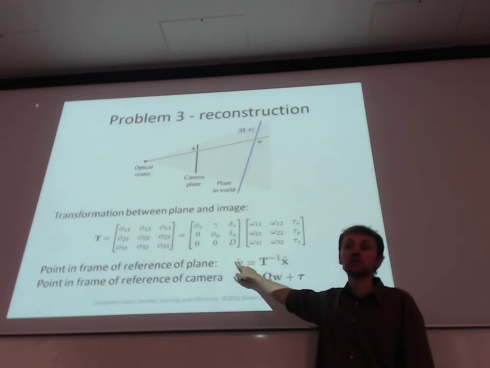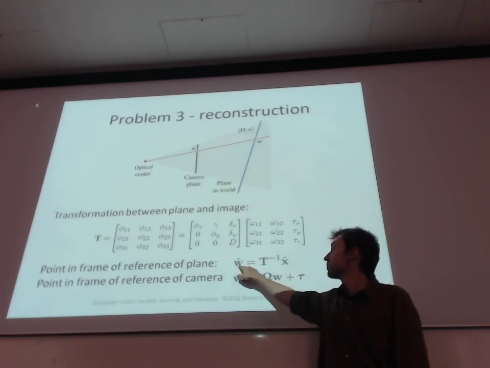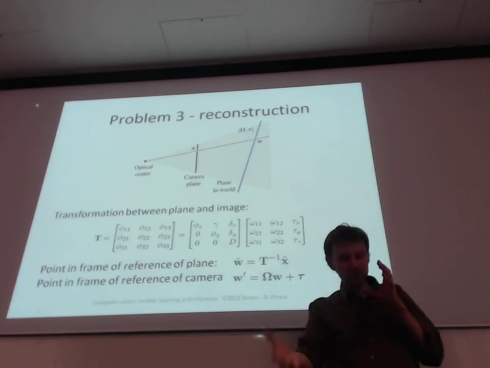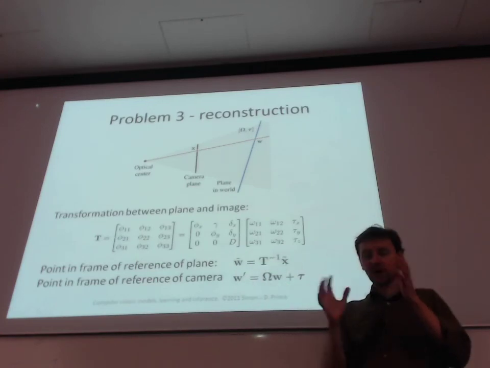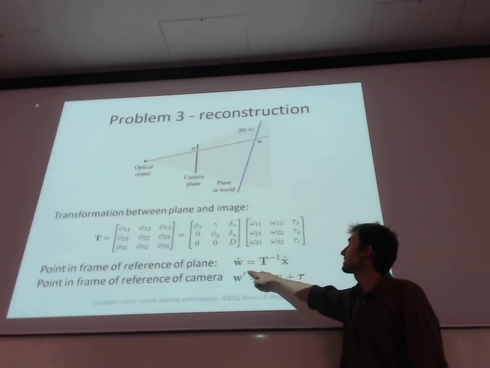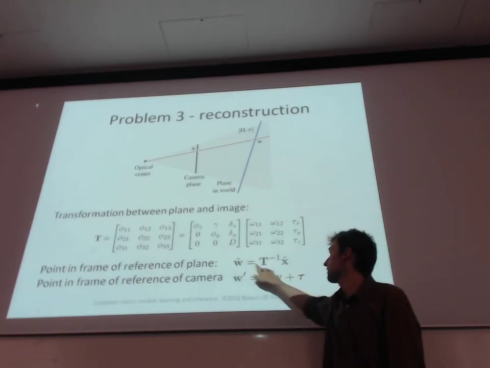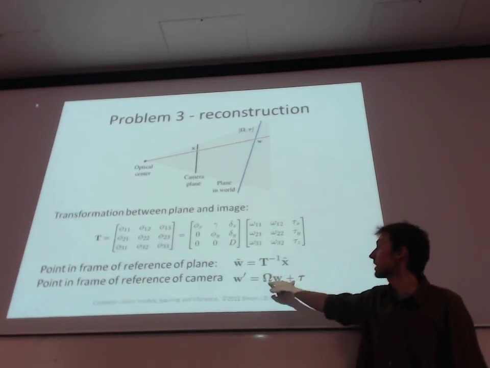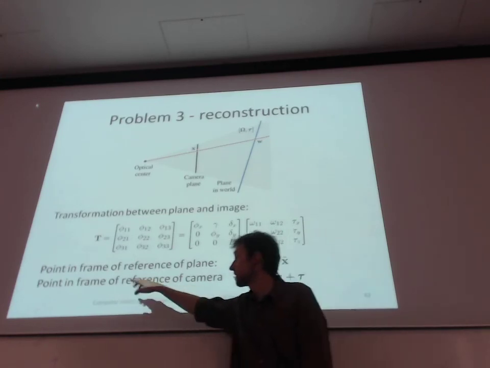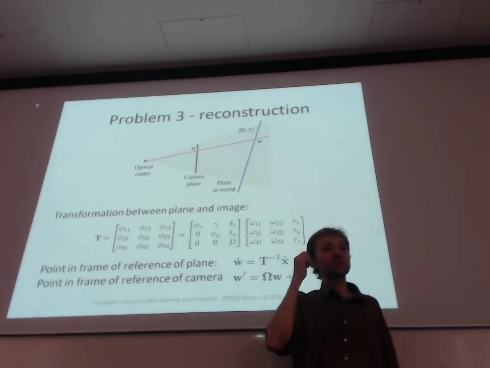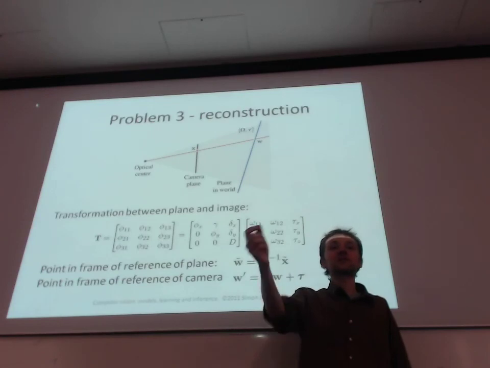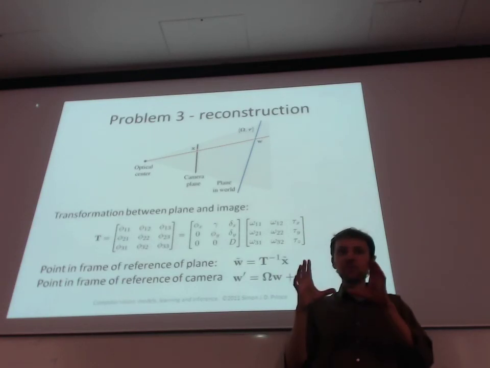Now, these homogeneous world coordinates are in the frame of the object, of the world, right? If you wanted to project 3D stuff and graphics into your camera, you might still have to take that world coordinate, go into Cartesian, and apply the transform so that now W prime is in the point of reference of the camera. So it's a 3D coordinate expressed in the 3D frame of the camera, right?